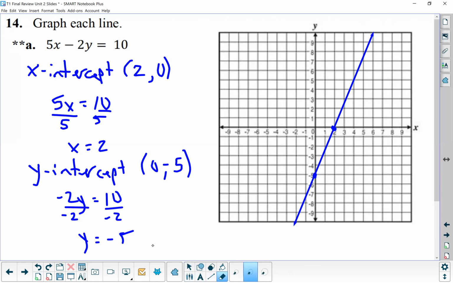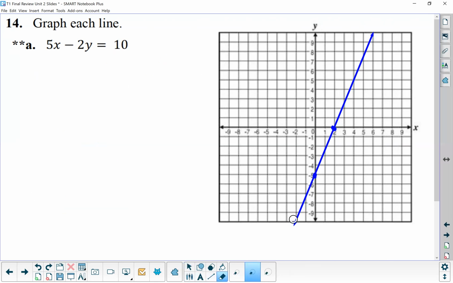And now I can erase this. So get this in the y-intercept form or slope-intercept form.